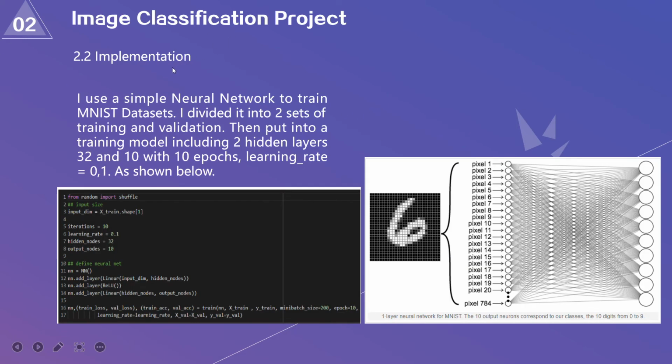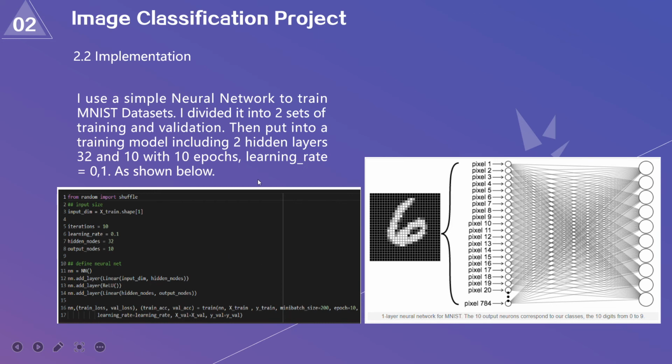Next is how I implement my neural network. I use a simple neural network to train on the MNIST dataset. In stage 1, I divide the data into two sets, training and validation, and then put them into a training model including two hidden layers of 32 and the output layer is 10, with 10 epochs and a learning rate equal to 0.1, as shown below here.